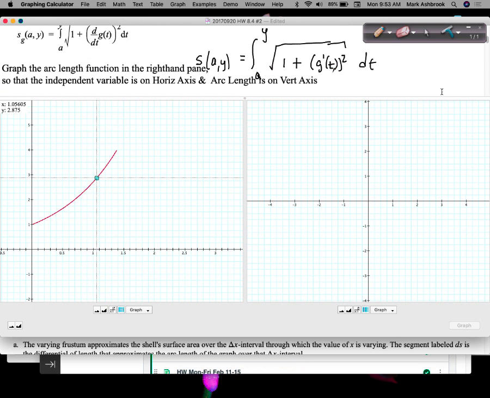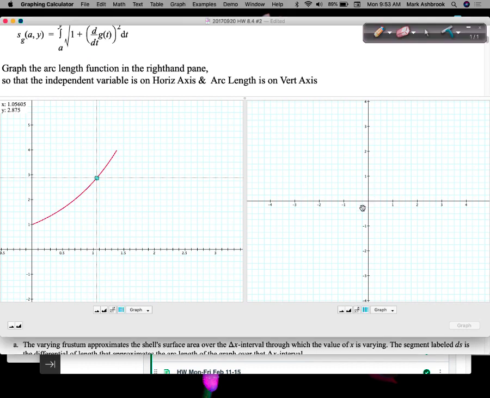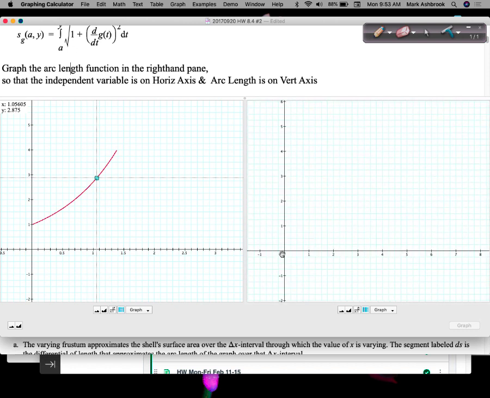And what was the independent variable of the function? Y, okay? So I want y values from our original g function to be plotted on the horizontal axis over here. And then on the vertical axis, I want the arc length of this function.